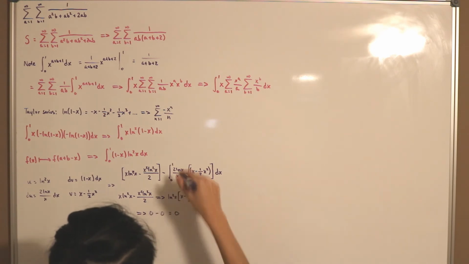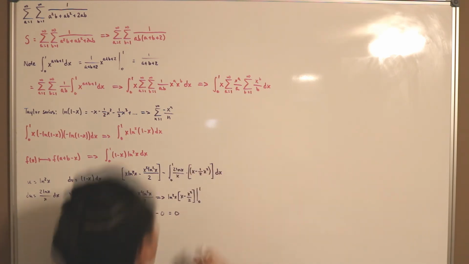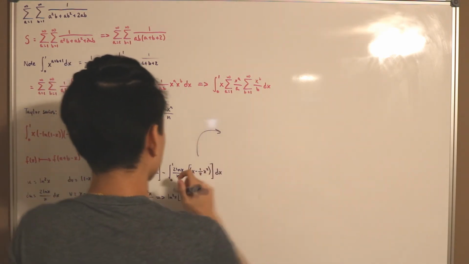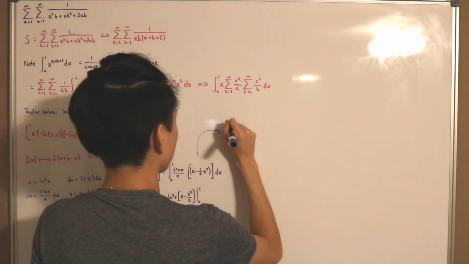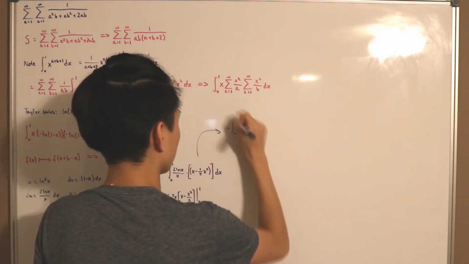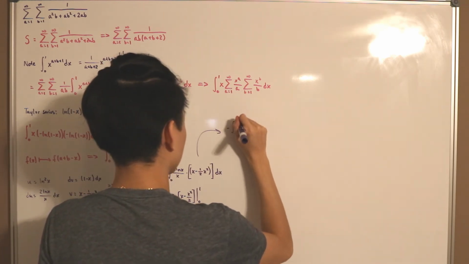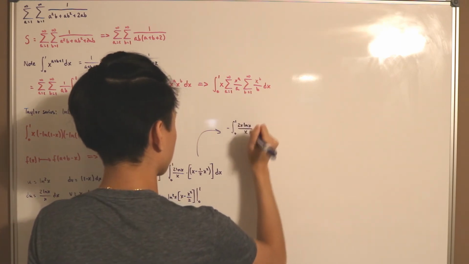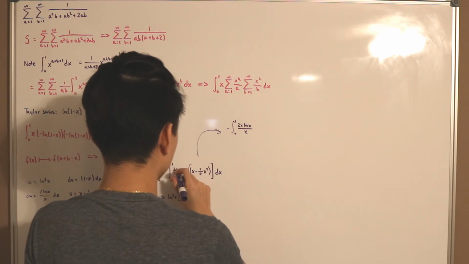So I'm actually going to multiply this out. So this is 2 times negative, integral from 0 to 1 of 2x ln of x divided by x, and then 2 ln of x.